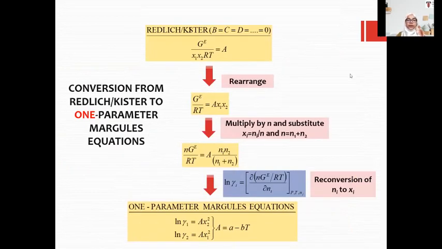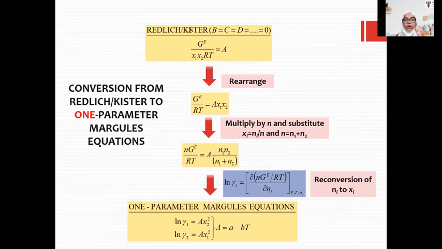First we move to the one-parameter Margules equation. These are the general equations for one parameter. Once we rearrange, we obtain GE over RT equals A x1 x2, and then multiply by the moles.